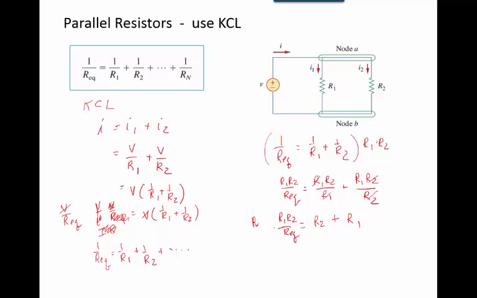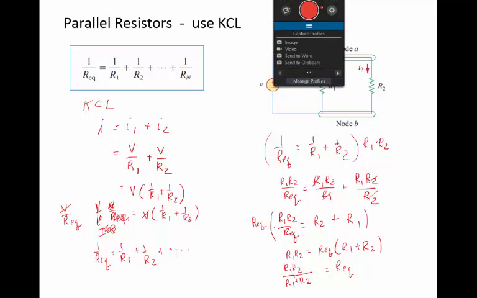Multiply both sides times R equivalent. This will cancel, and I'll have R1 R2 equals R equivalent times (R1 plus R2). And then you get that the equivalent resistance is R1 R2 over R1 plus R2. It only works when there are two resistors. So if I see two resistors in parallel, I can immediately write that the equivalent resistance is this equation right here.